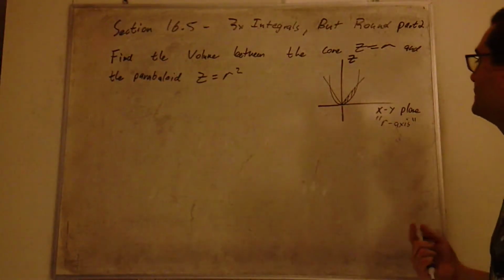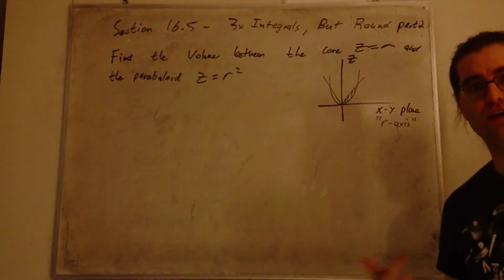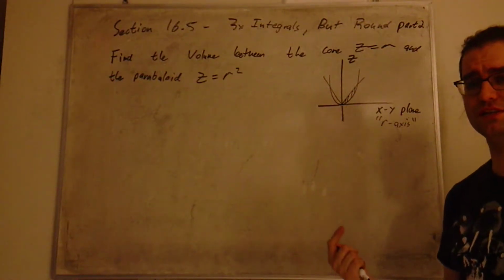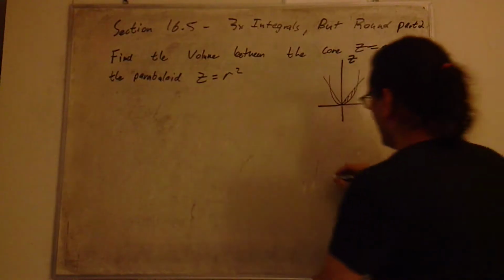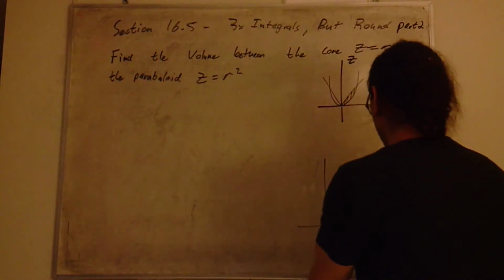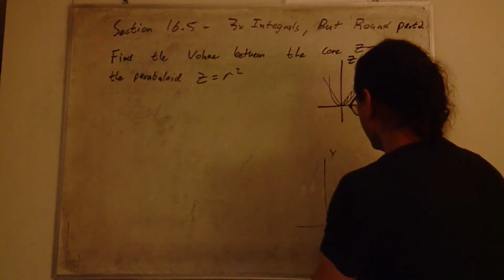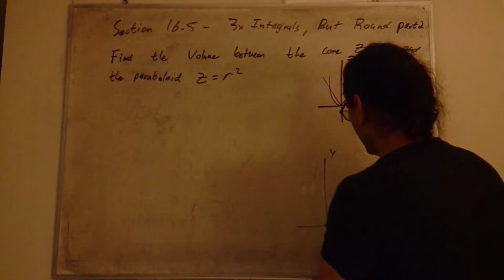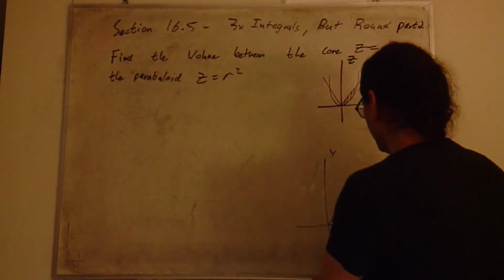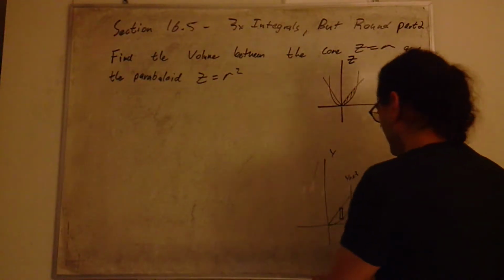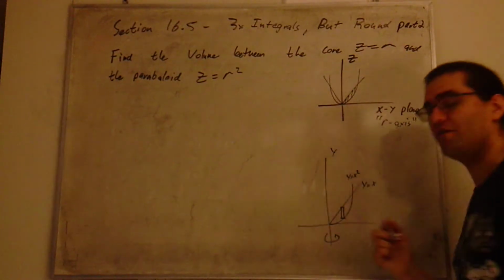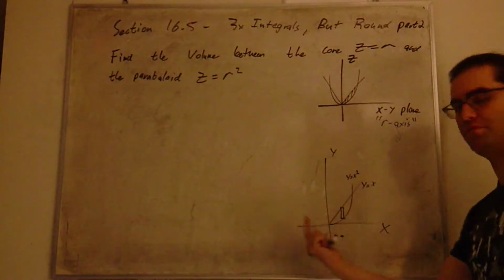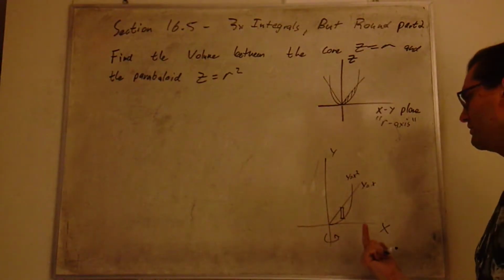You may be having flashbacks at this point to something we did in section 6.4, where we took the x and y axis and we cut up the space between y equals x and y equals x squared, and we rotated it around the axis 360 degrees, and we found the volume of rotation using the pipe method, or I called it the pipe method.